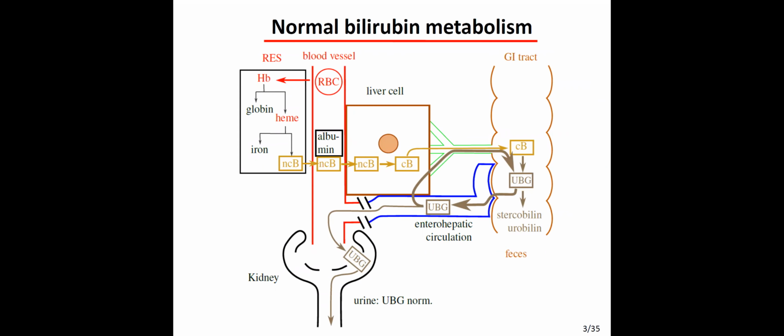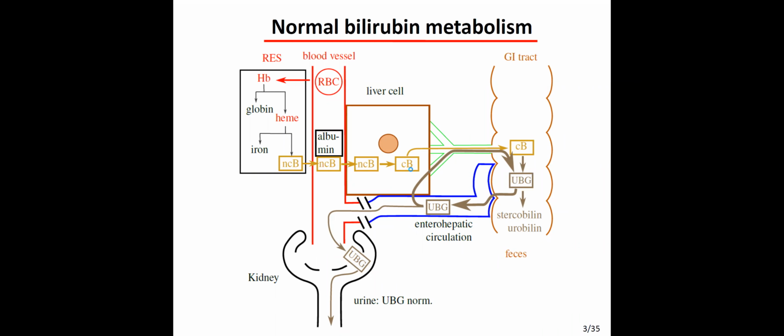Now, before we enter this topic, first we have to summarize the normal bilirubin metabolism. This picture is summarizing everything about this bilirubin metabolism. As you know, the red blood cells that stay roughly 120 days in the blood are continuously destroyed and continuously produced.